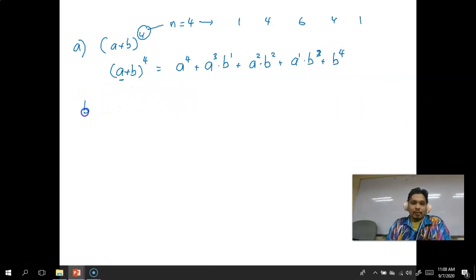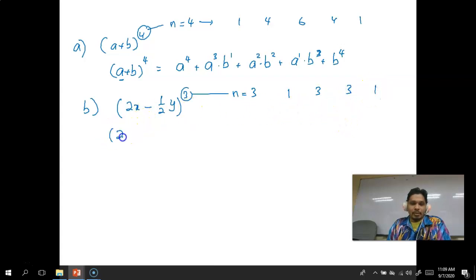Then next, for b, the question is (2x minus 1 over 2y) to the power of 3, where n equals 3 here, and from Pascal's triangle, it has 1, 3, 3, and 1.